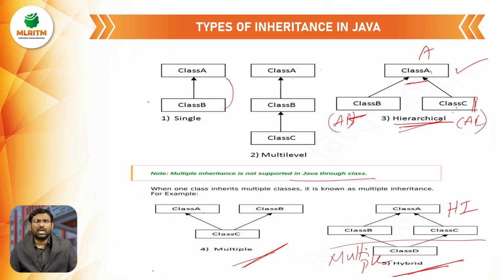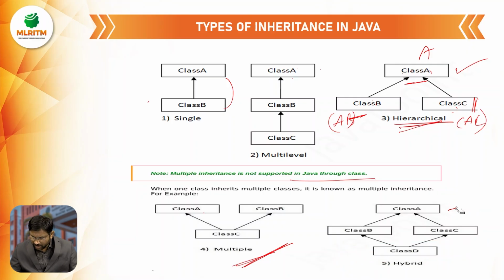So here we have discussed single, multilevel, hierarchical, multiple, and hybrid inheritance. These are the five different types of inheritance in Java.